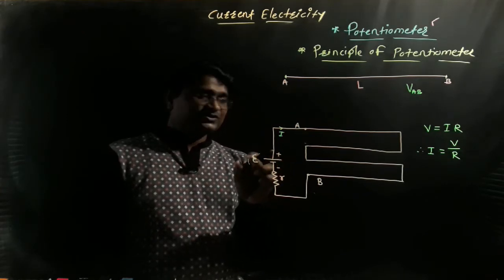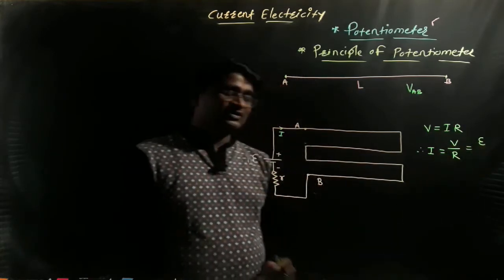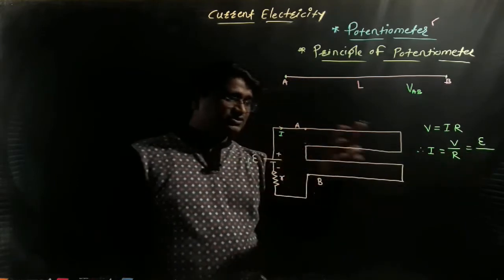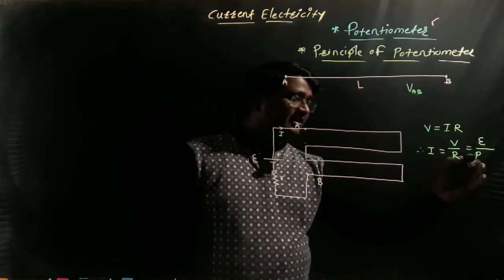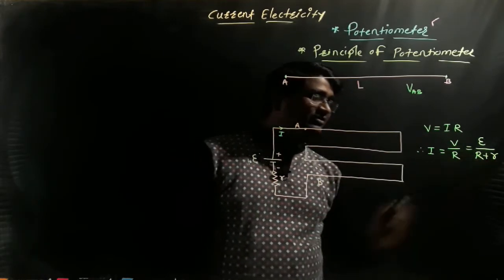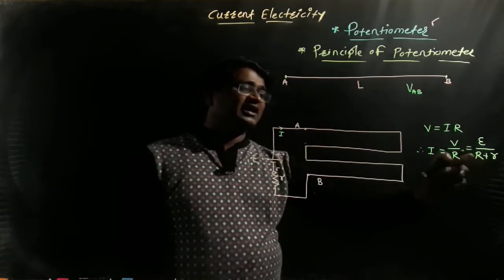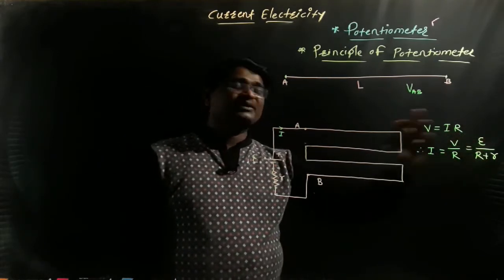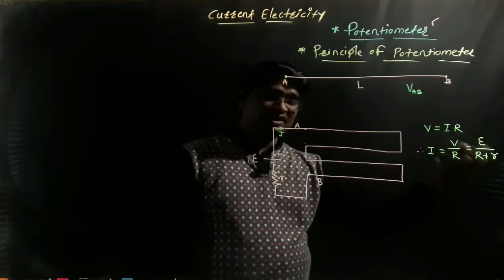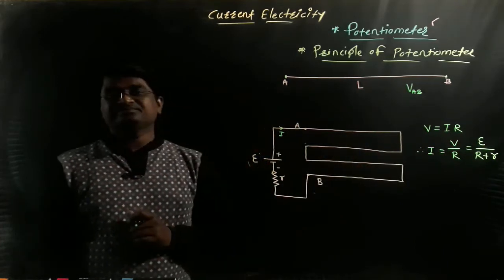Epsilon is the total potential, divided by the total resistance. The resistance of the wire is capital R, and the internal resistance is small r. So the total resistance is R plus r, and I is equal to epsilon upon R plus r. This is the electric current passing through the wire AB.